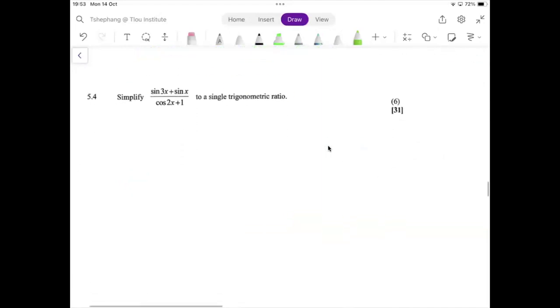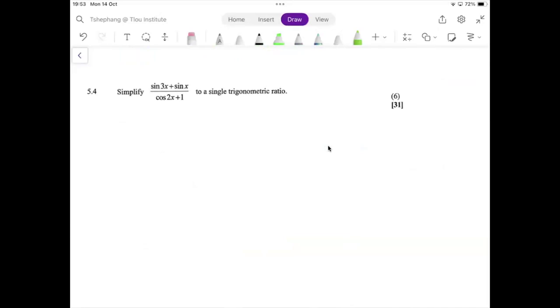Okay, then the last question there, simplify to a single trig ratio. Then, let's say we have sine of 2x plus x plus sine x over cos of 2x, can't do anything for now, then plus 1.